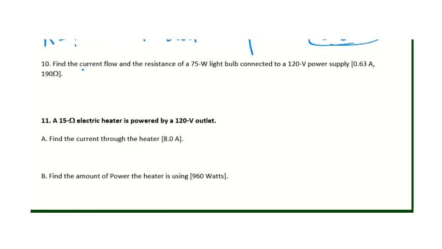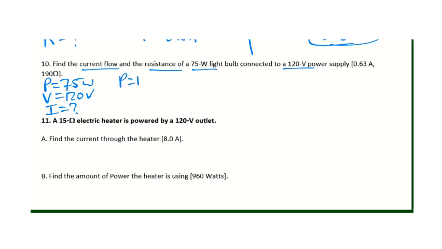Problem 10. Find current and resistance. Again, a 2-part problem of a 75 watt light bulb connects to a 120 volt power supply. So, I know our power is 75, and our voltage is 120, and I is what we're looking for.